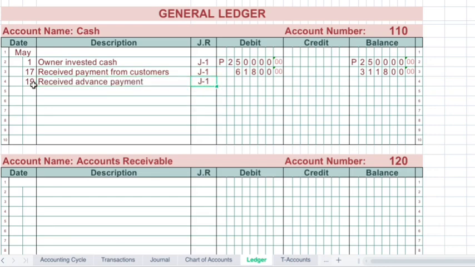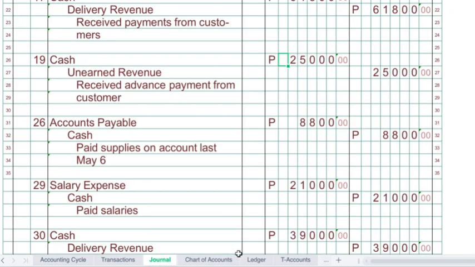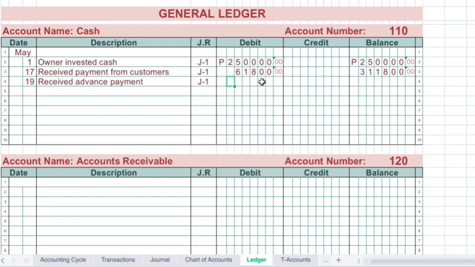Still page 1. And that is worth 25,000 debit pa rin. Okay. So, balance natin.